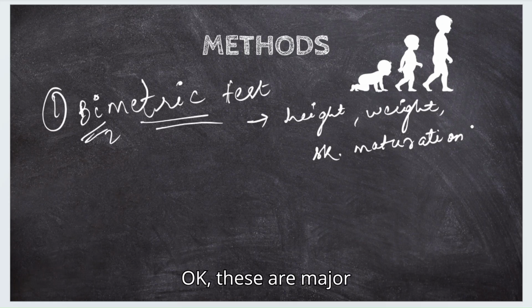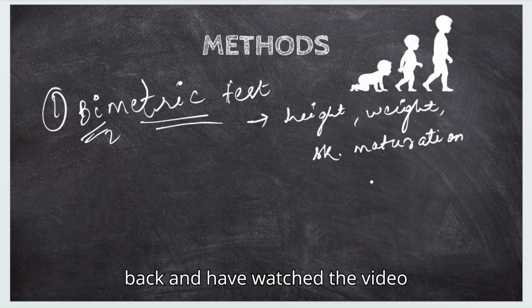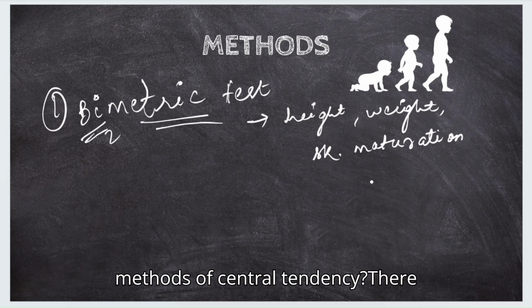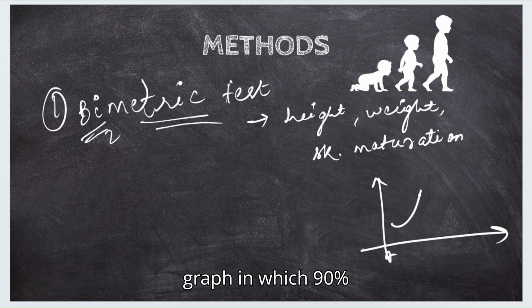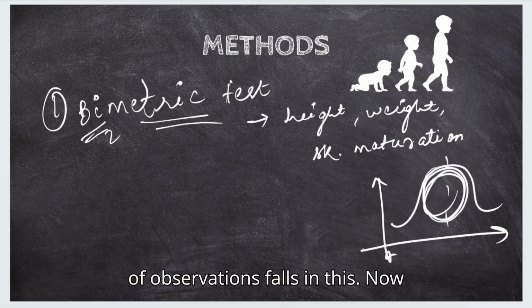Okay, these are measured and compared with a standard. Have you gone back and watched the video on methods of central tendency? There was a graph in which 90% of observations fall in this range.